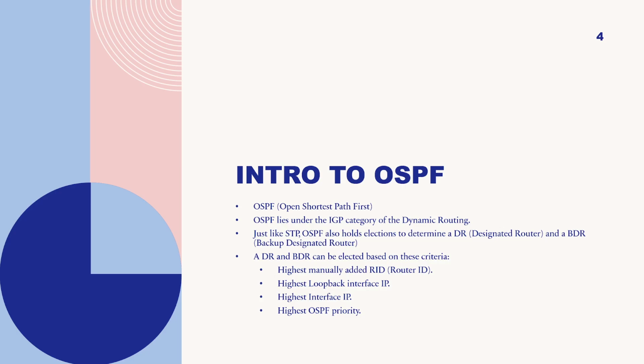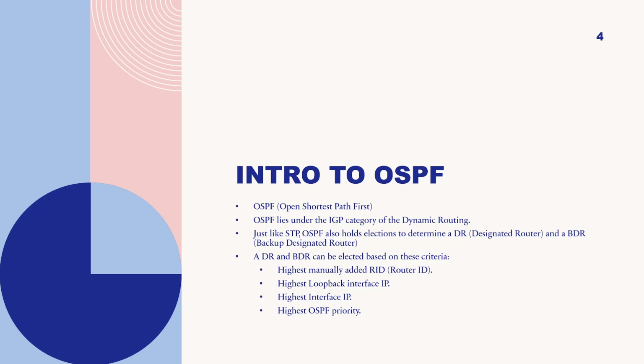A DR and a BDR can be elected based on these criteria. First, it goes on OSPF priority. We can manually adjust OSPF priority. Next, if the OSPF priority matches between every single device participating in the OSPF network, it will go based on the highest manually added RID, which stands for router ID, and I will show you what RID is.